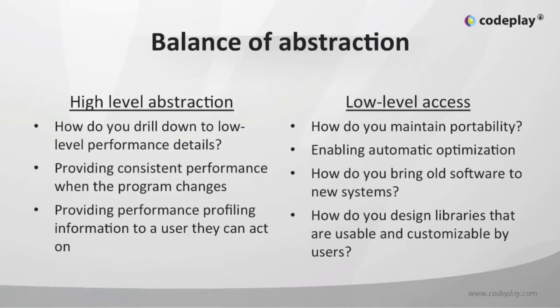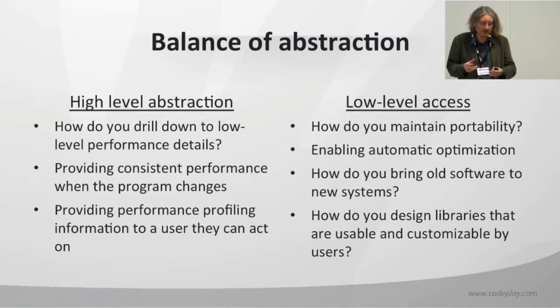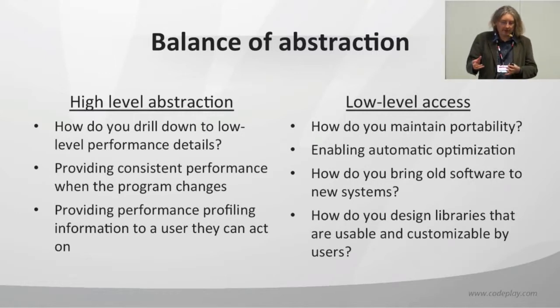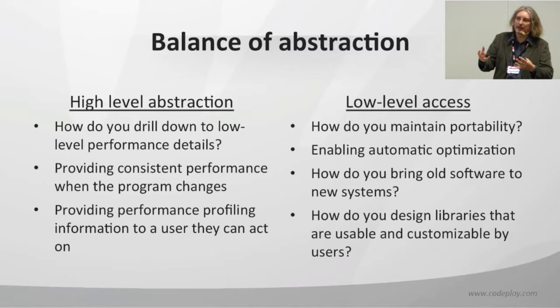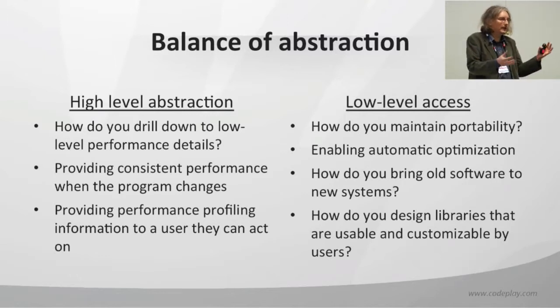So another thing that we have to do is balance abstraction. This is one of the problems that we've had when we've taken high-level programming models to developers. You say to developers, this is going to make it a lot easier for you to optimize really complicated code on a particular device.